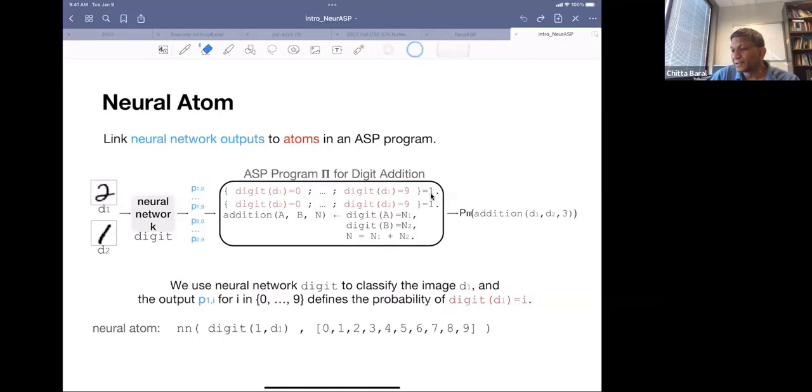And similarly, there will be another one for D2. For each D1, you can have multiple ways of looking at it, and here we are thinking of only one probability. In another example, like Sudoku, you will see there will be many more. Here, for each digit, there's only one set of probabilities that we're worried about.